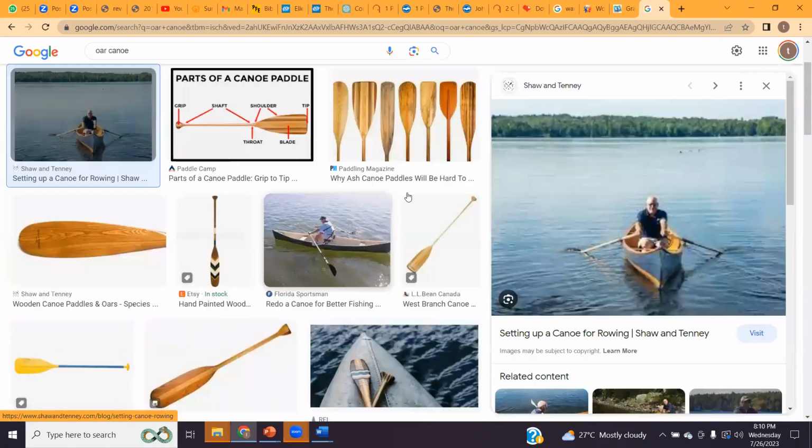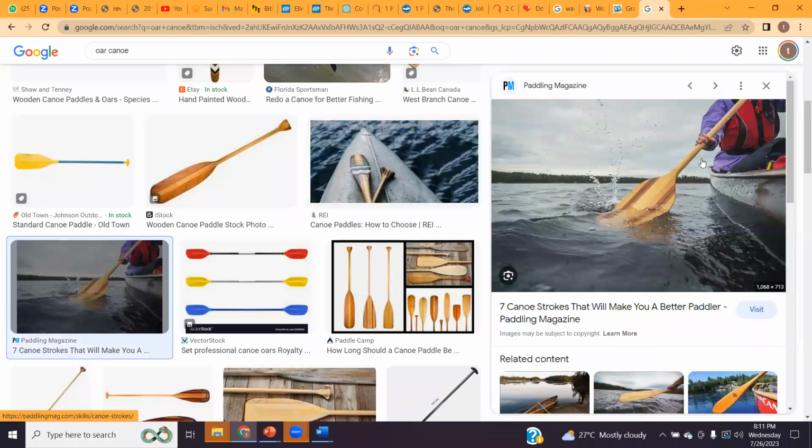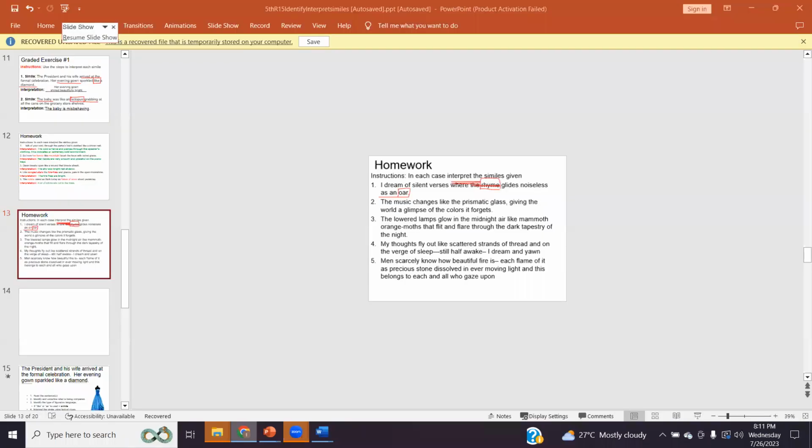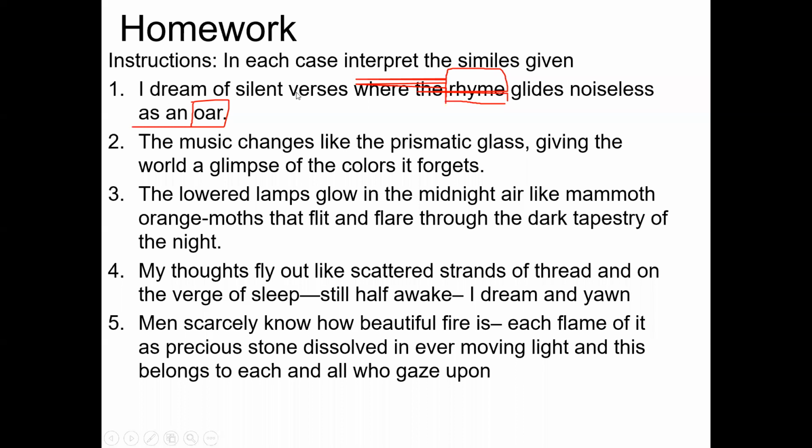So this is an oar. You understand what we're talking about now, Alasia? Yes, sir. Good. So now let's see what this is saying. Now that we know what the oar is, they're saying, I dream of silent verses where rhyme glides noiseless as an oar. So what is that saying?